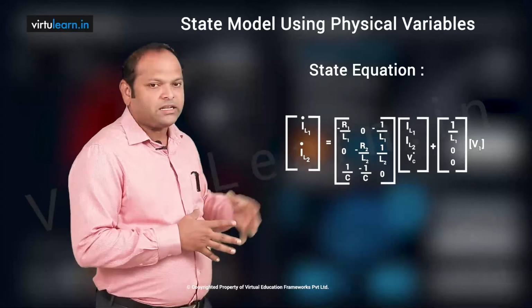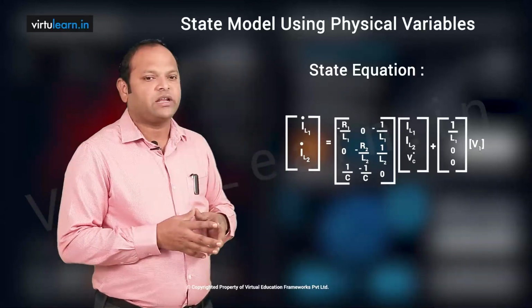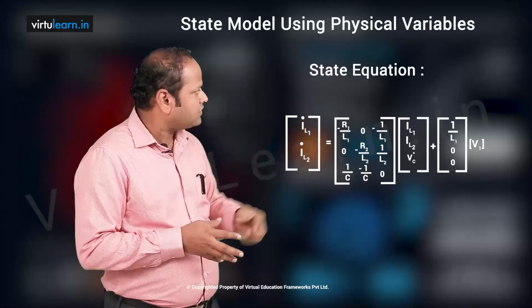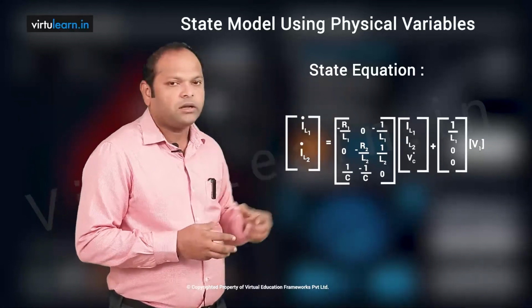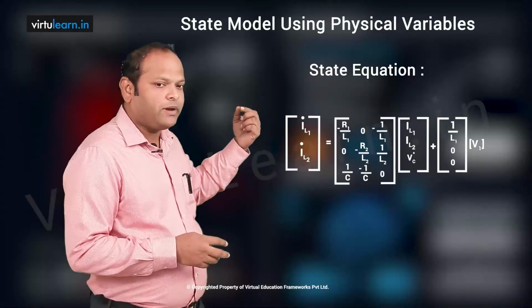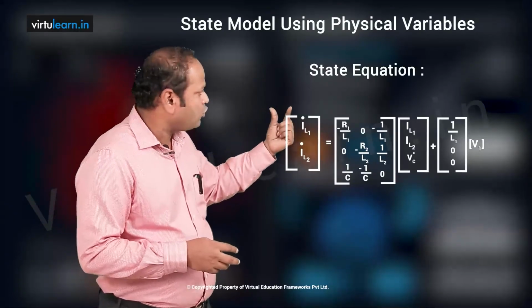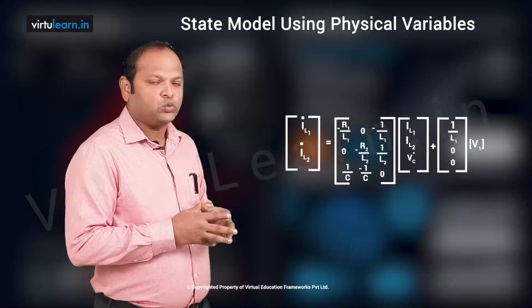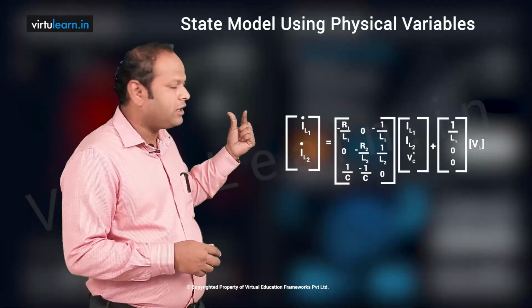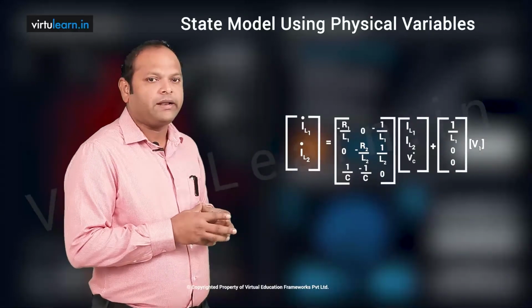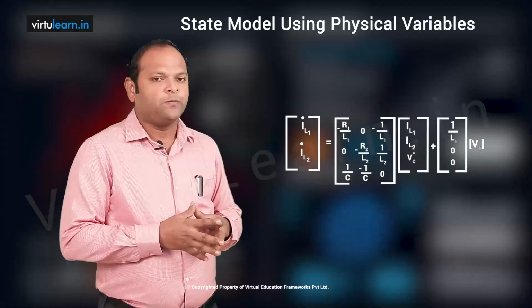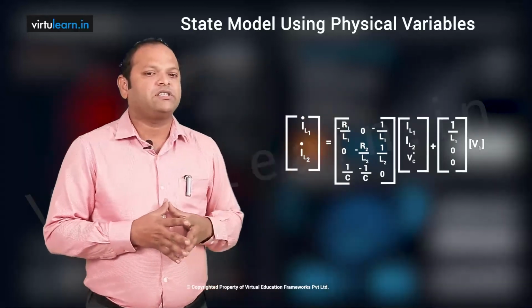Writing entries into these matrices from equation 1, the first row elements are minus R1/L1, 0, minus 1/L1, and in the input matrix we have 1/L1. Similarly, for the second equation, we write 0 first, then minus R2/L2, and 1/L2, and the input is 0. For the third equation, the entries are 1/C, minus 1/C, and 0, and the input is also 0. So this is the A matrix and this is the B matrix of the state equation.